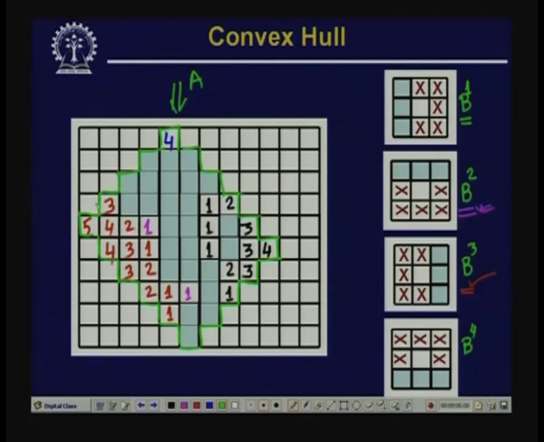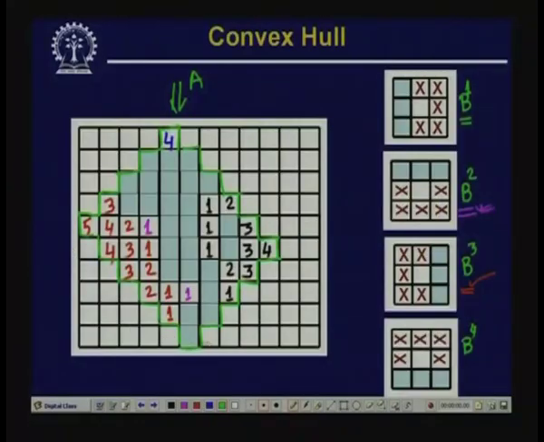Now, you find that this particular algorithm has a drawback. When we defined the convex hull, we said that it is a minimal set containing the set A, but the set also has to be convex. So, the minimal convex set containing the original set A is called the convex hull of the given set A. Now, if you look at this particular set, you find that it is not the minimal set.